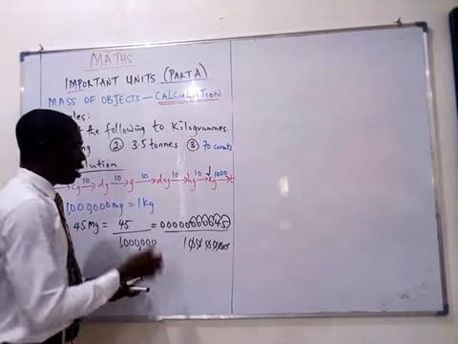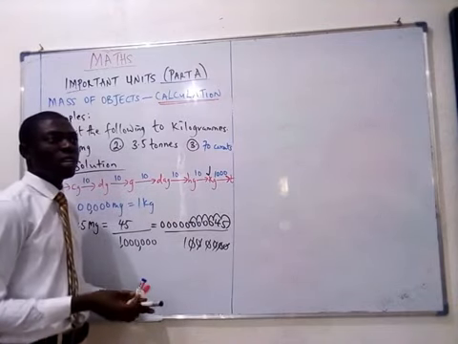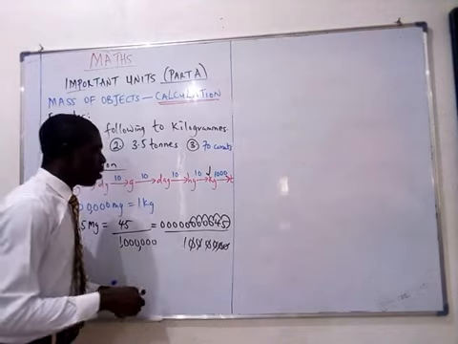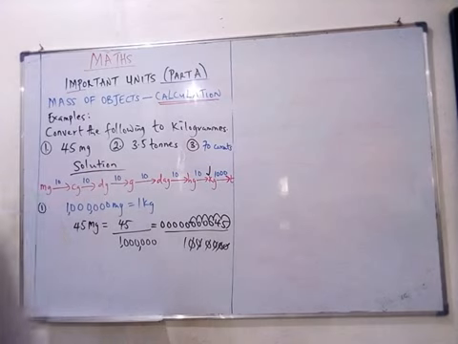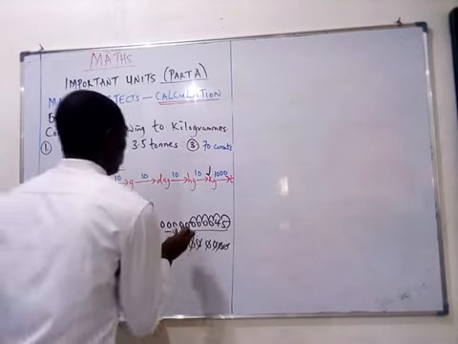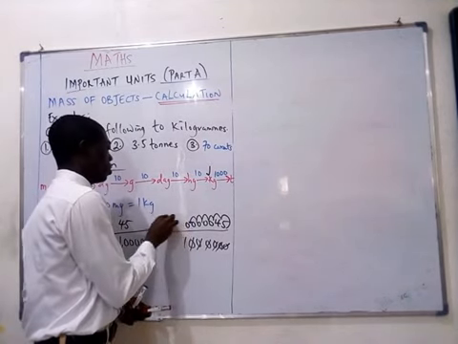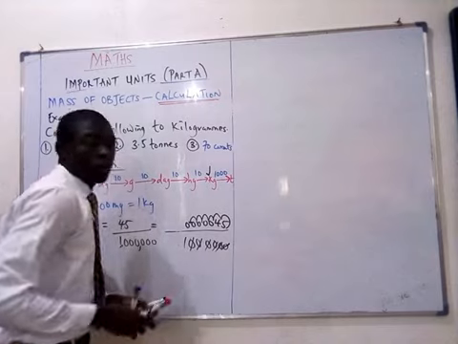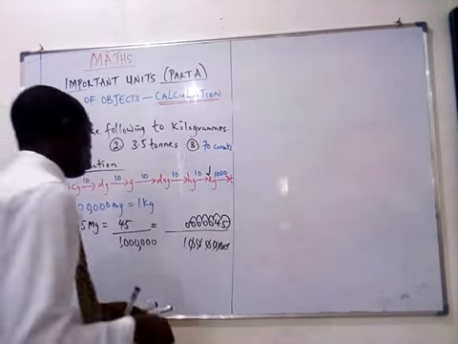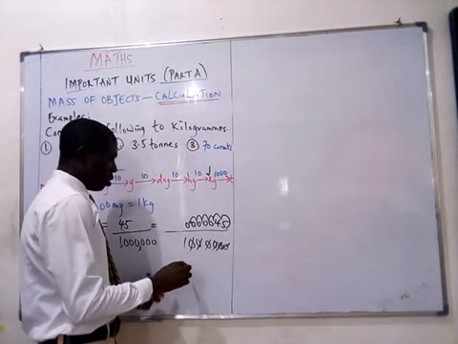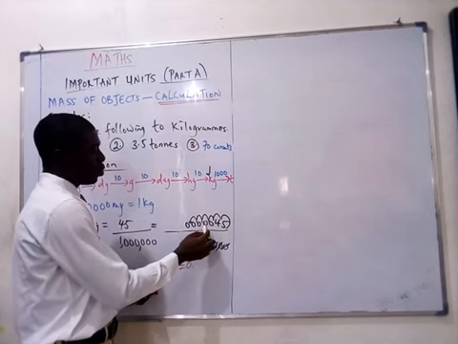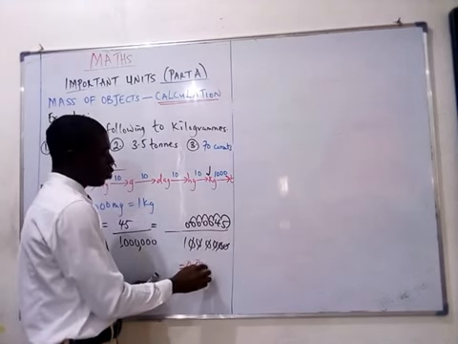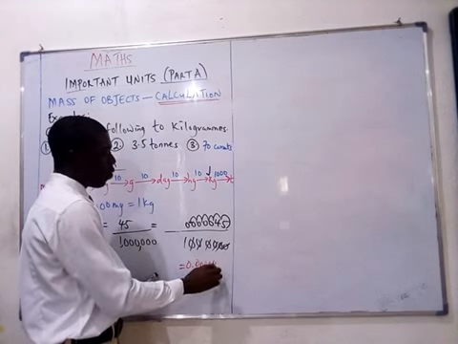All right, so you are going to have it as 0.0000045, that is, 4, 5.